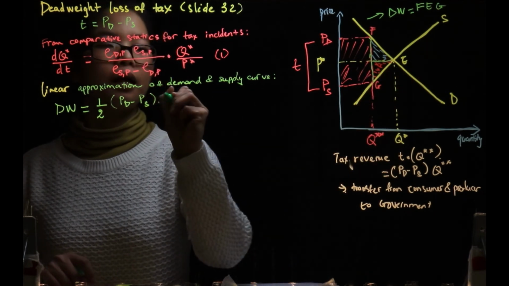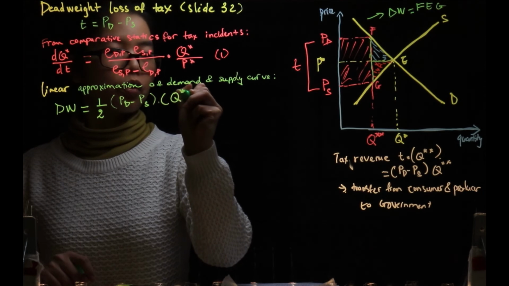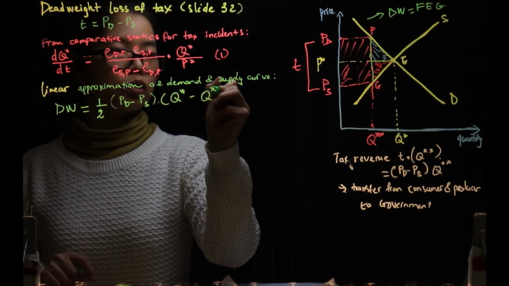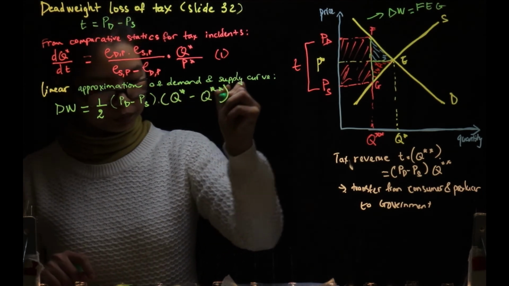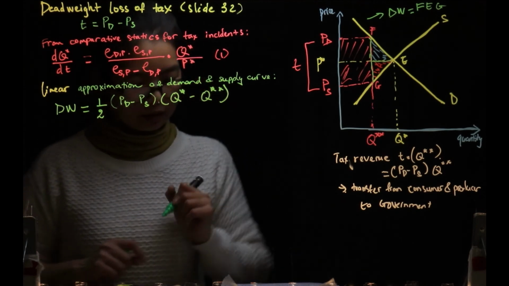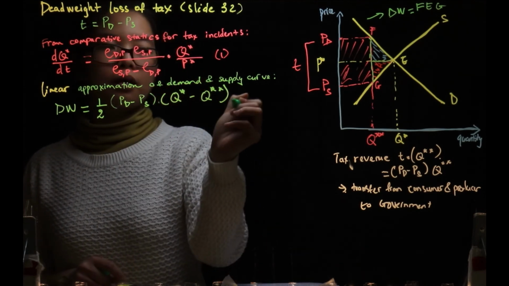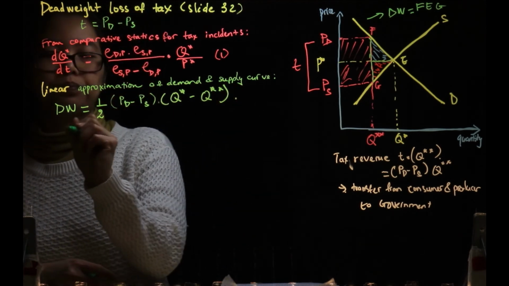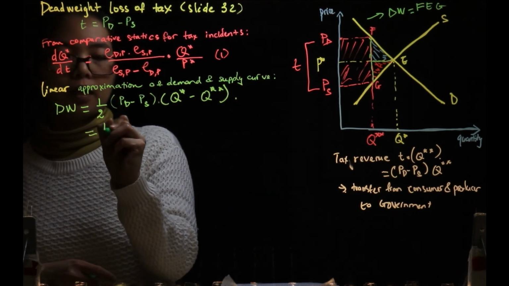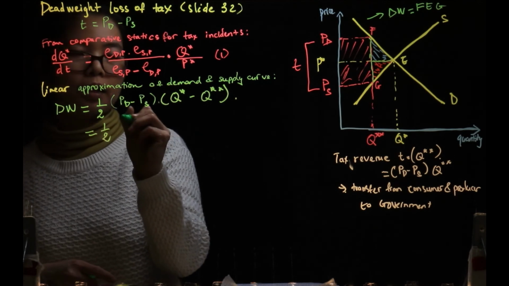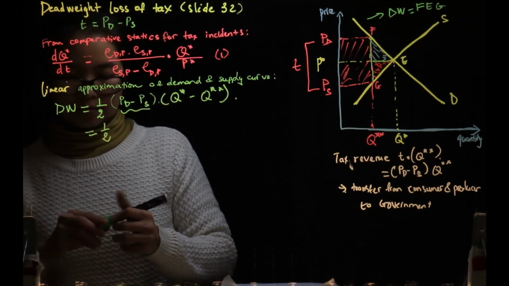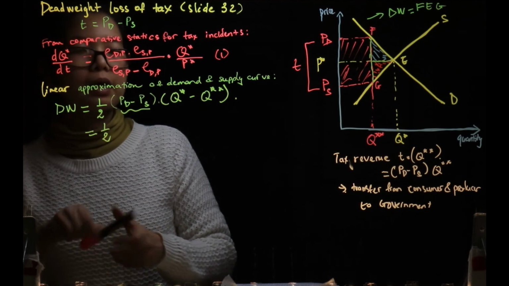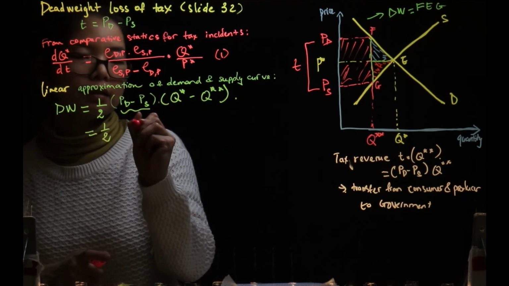It is Q star minus Q2 star. So this is the first step. Now we write what is that? It is tax, right?